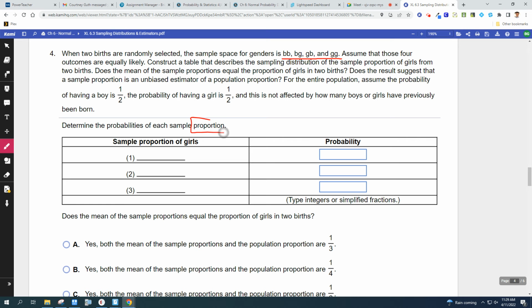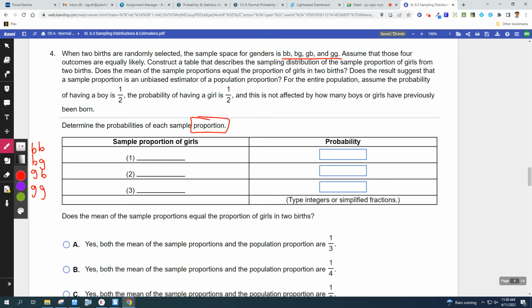So that's kind of it. We've done something similar where we talked about the number of girls, but this is not quite the same thing. So let's think about it this way. What could happen is you could have a boy and boy, boy, girl, girl, boy, girl, girl.